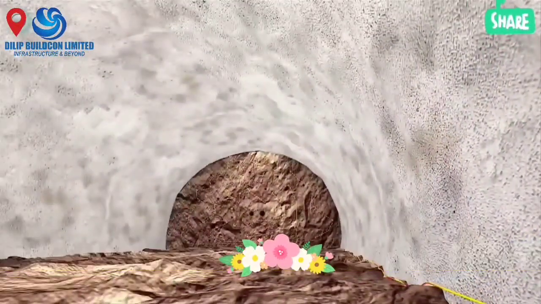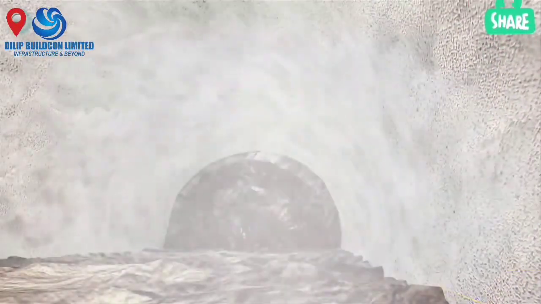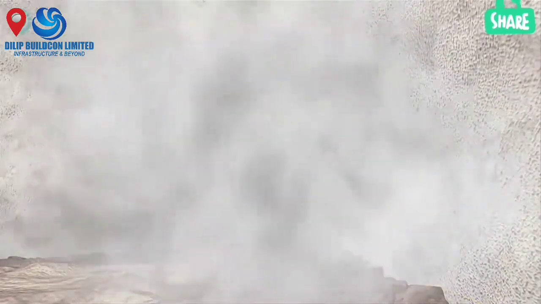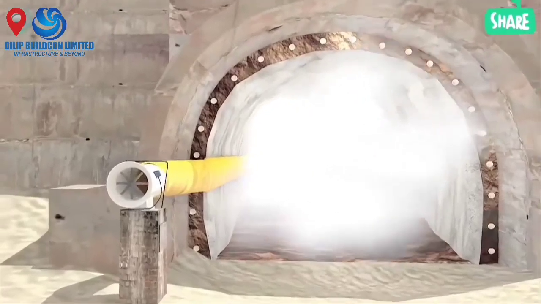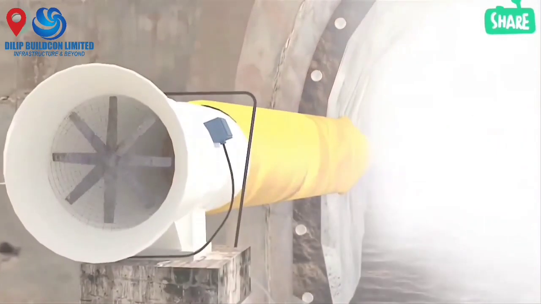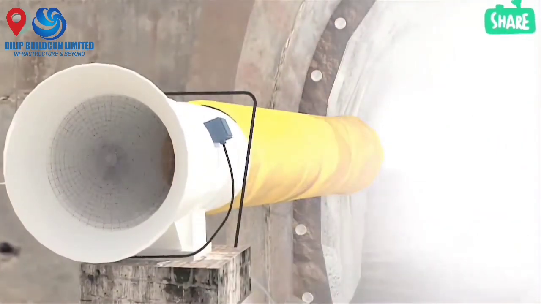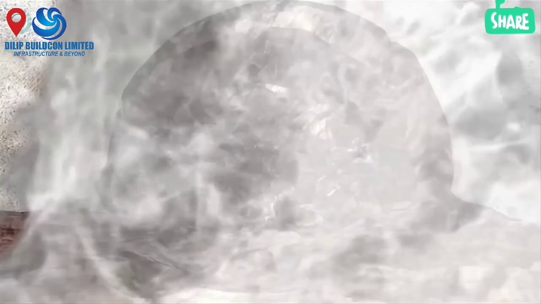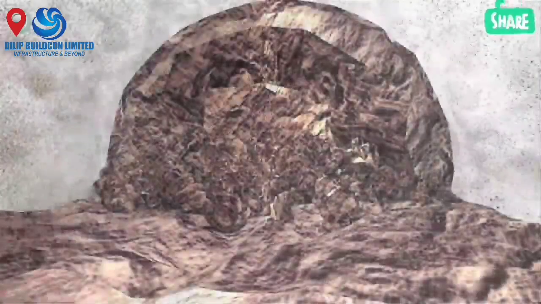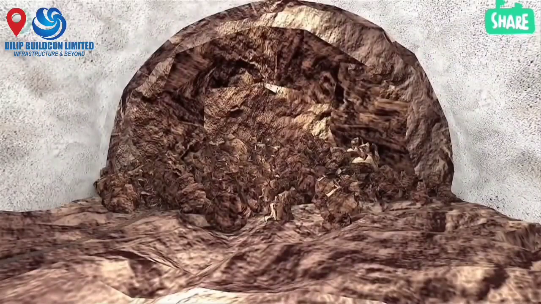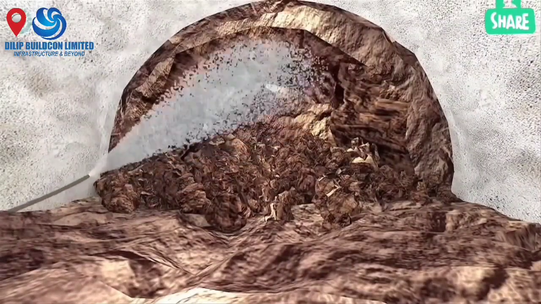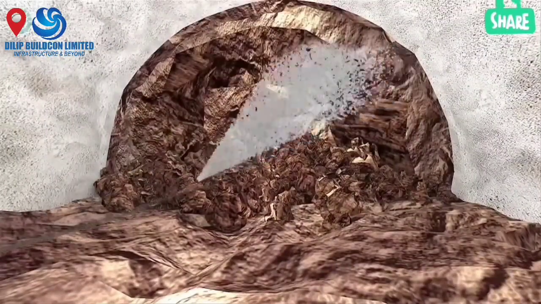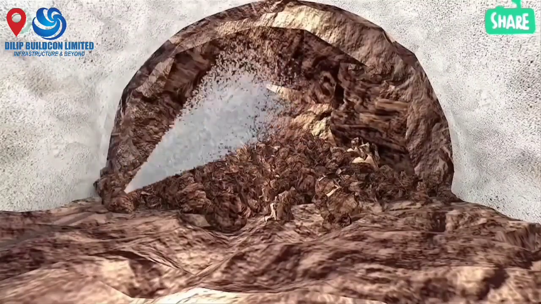These, along with the charging pattern, are the heart of successful tunneling. It is followed by defuming for about 30 minutes. Water is sprayed all over the blasted surface to settle dust and to reveal cracks and fractures.